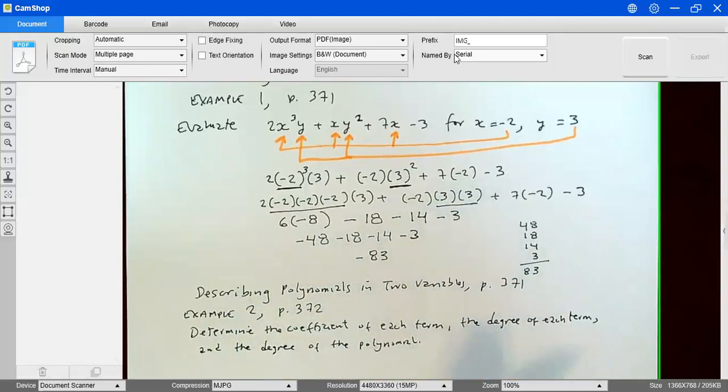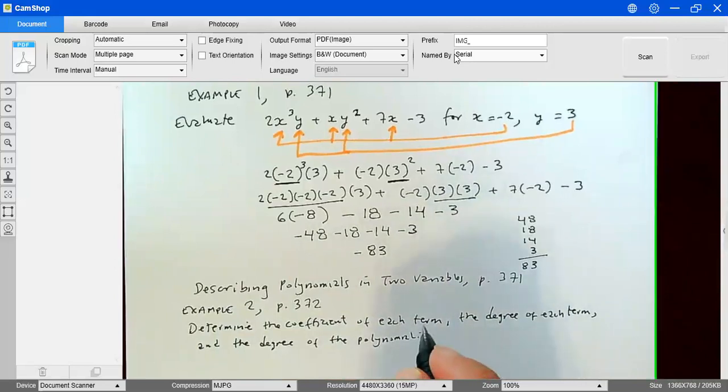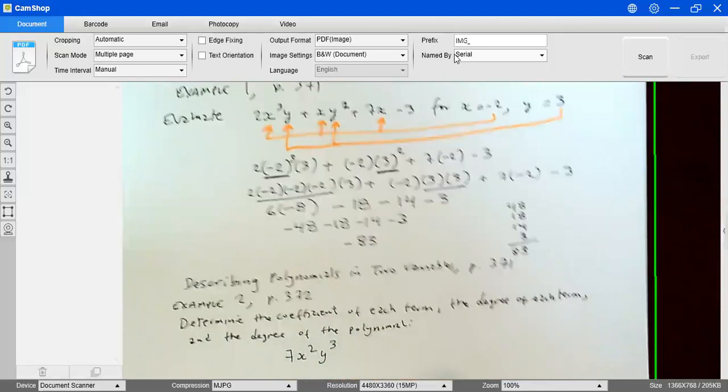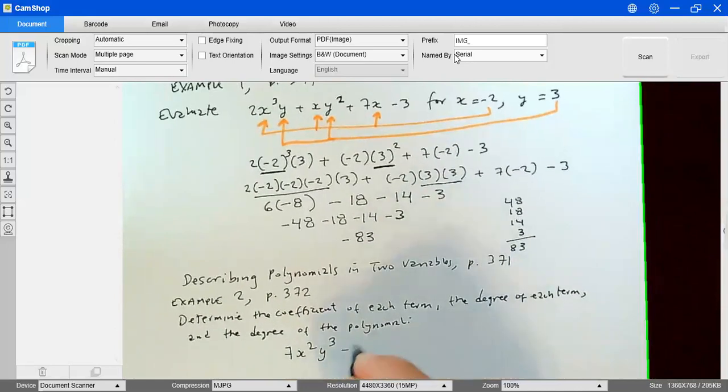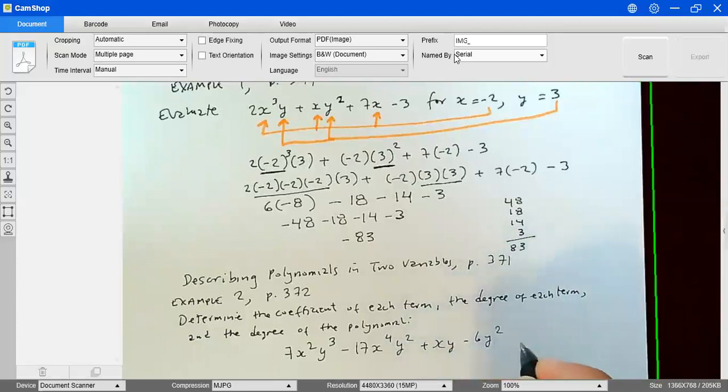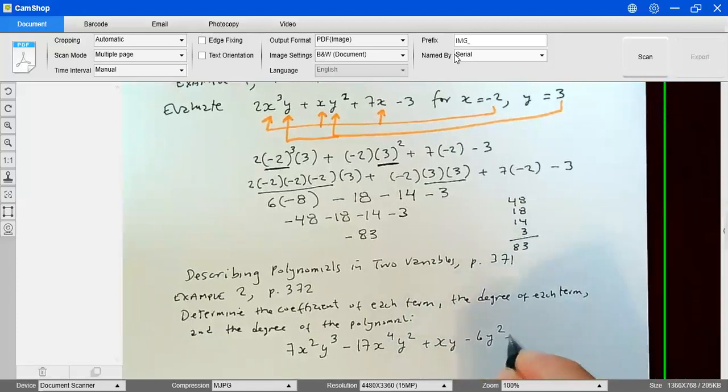And what is the polynomial? The polynomial is 7x squared y cubed minus 17x to the 4 y squared plus xy minus 6y squared plus 9.